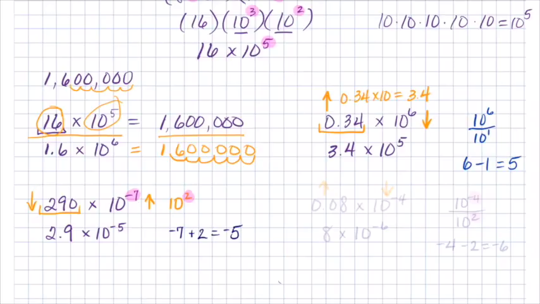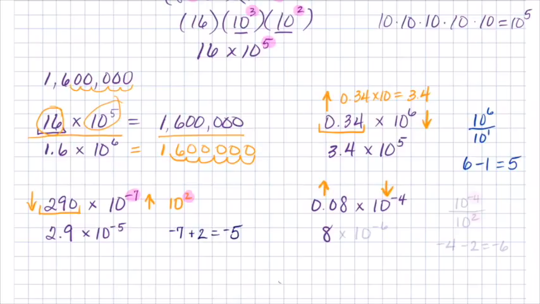For our last example, let's do something crazy like 0.08 times 10 to the negative fourth power. To get this first number in scientific notation, if we multiply 0.08 by 100, we get 8. We must divide this number by 100.